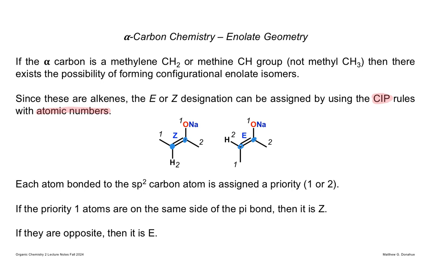The directly attached atoms, you're using the atomic number to then assign priority. So the ones here are on the same face, so that gets Z. Here, they're opposite, so that gets E.